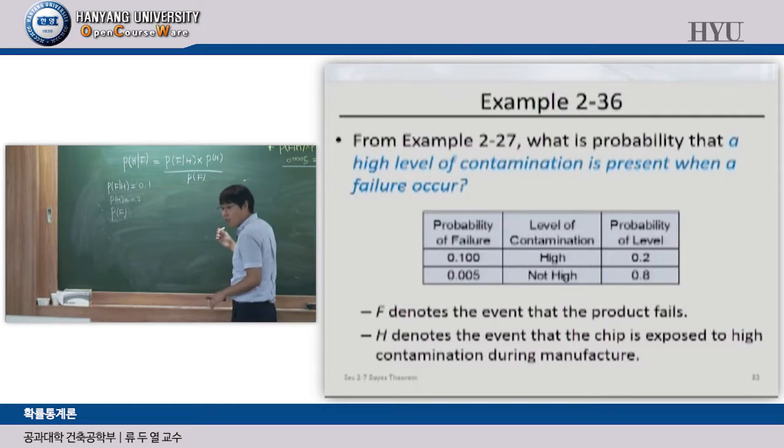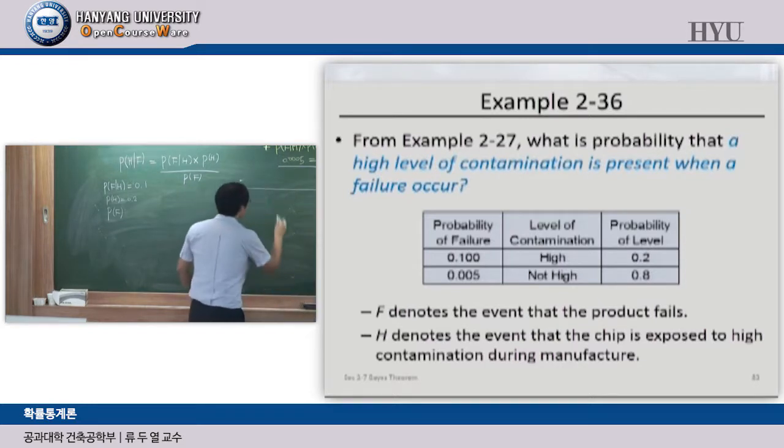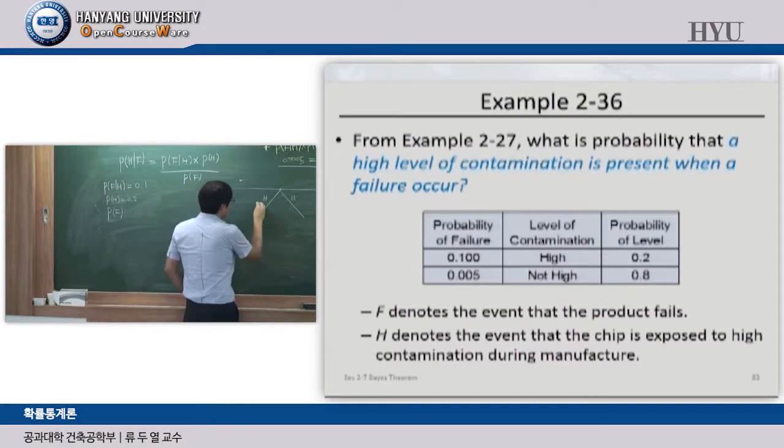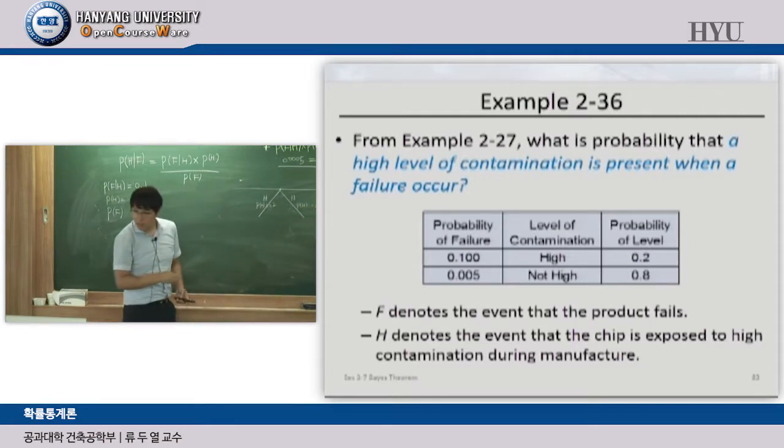We can use the tree diagram again. This is the level of contamination, and we have two levels. First one is the high, and the other one is not high. And the probability of high level of contamination equals 0.2 here, and the probability of not high equals 0.8.